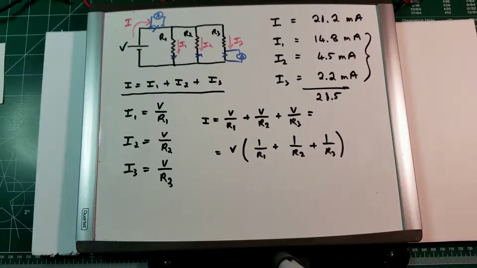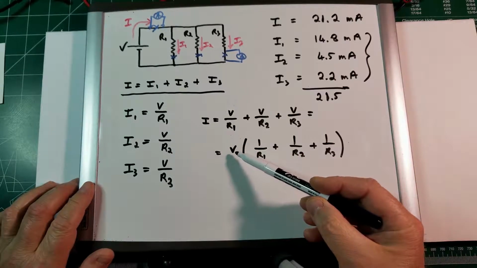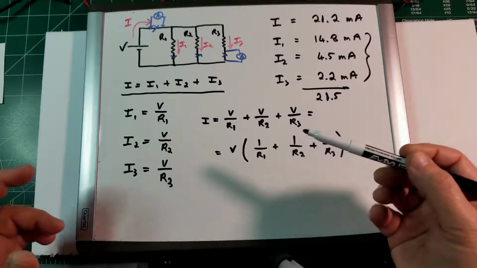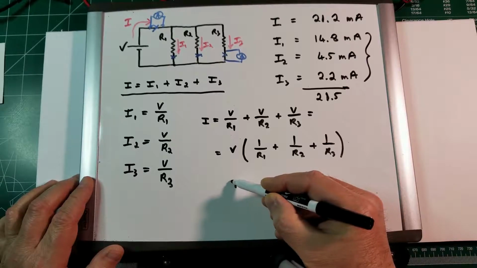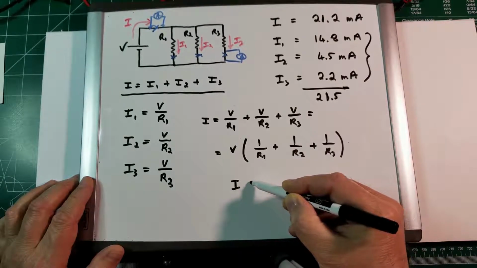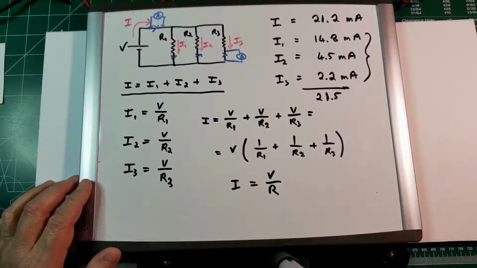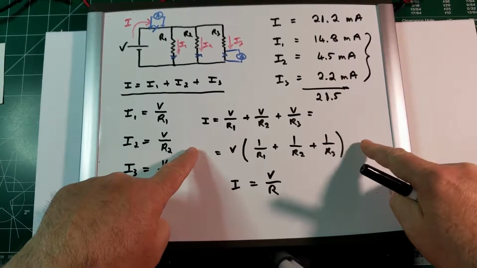Now let's take a moment and think about Ohm's law. If I have a current I and a voltage V, and the voltage V is applied to a resistor, and the current I flows into it, I would have, by Ohm's law, a thing like this. Right? But now look at this and look at this.